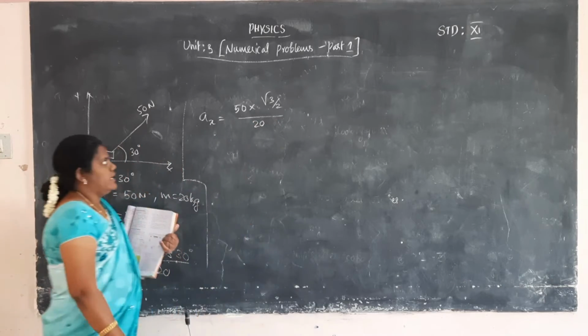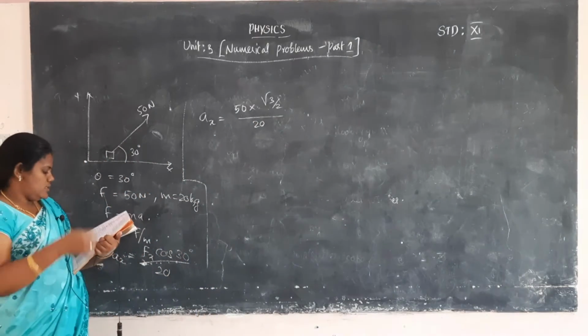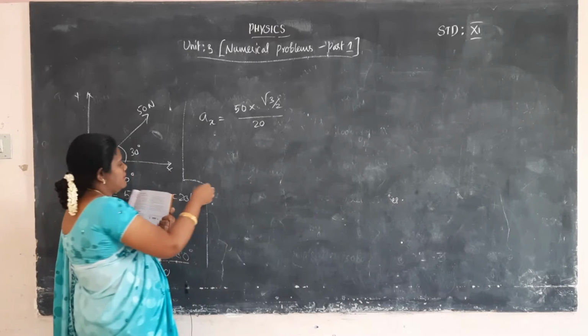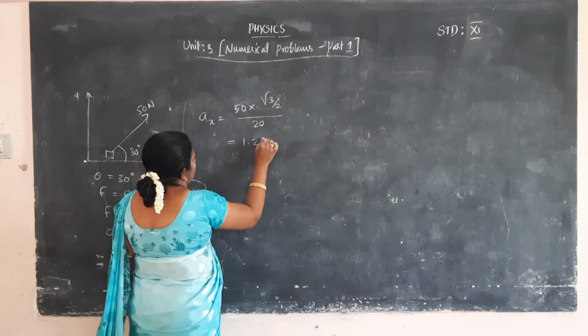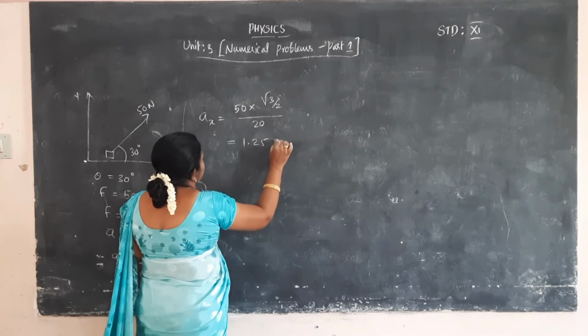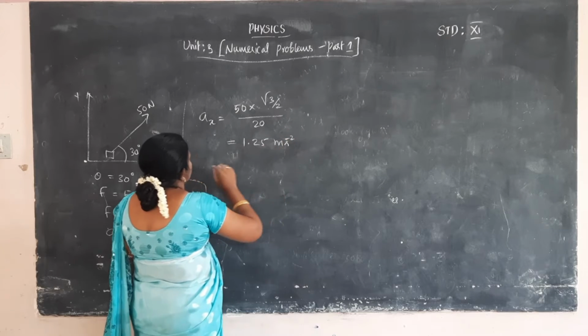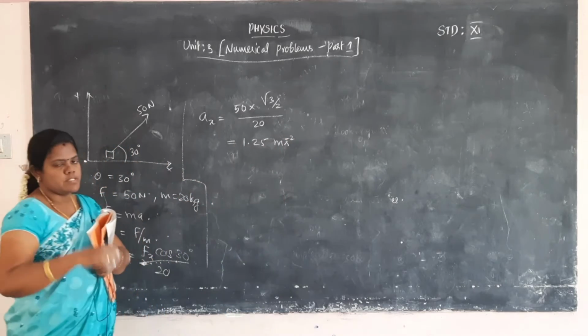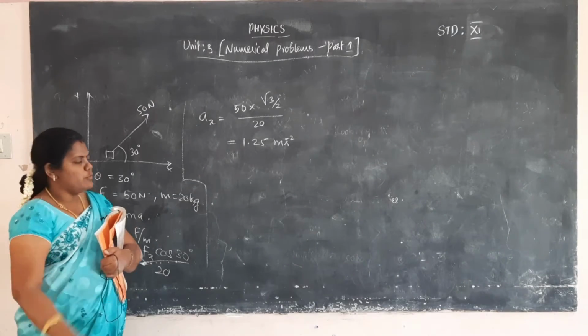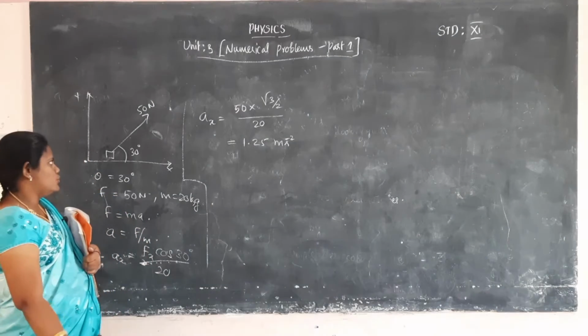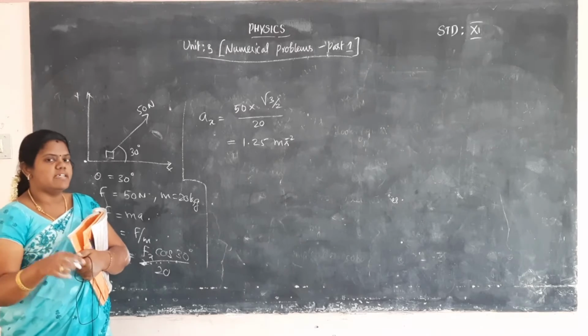So 50 by 20 into root 3 by 2. So the answer is 1.25 meter per second square. The acceleration unit is meter per second square, so 1.25 m s to the power minus 2. This is the acceleration created in the x-axis.